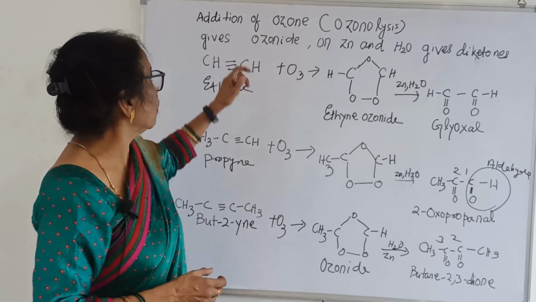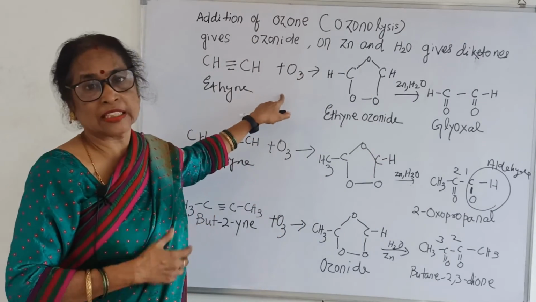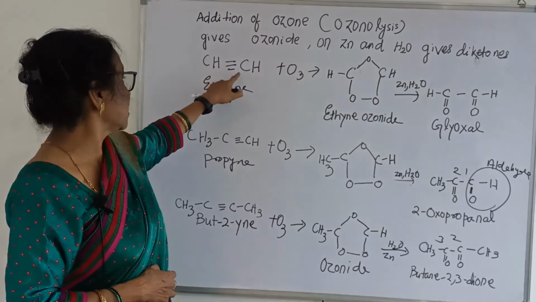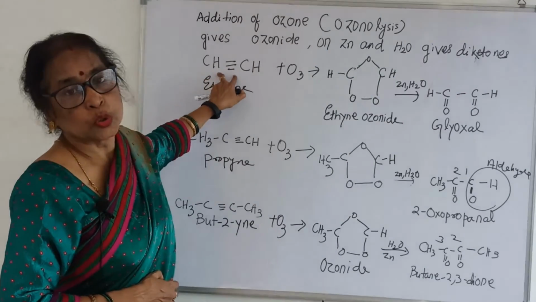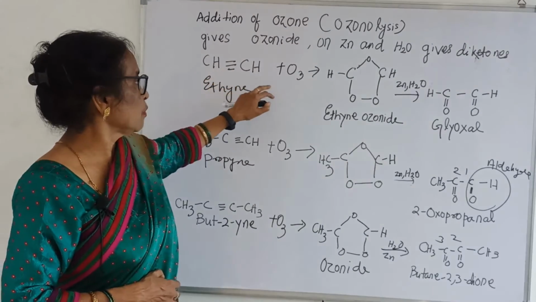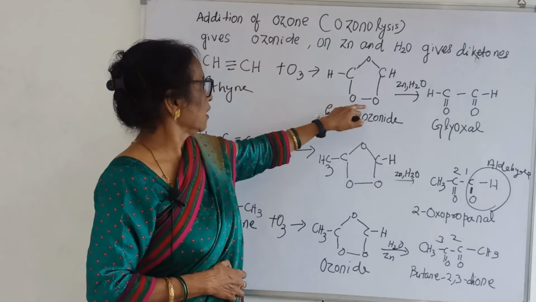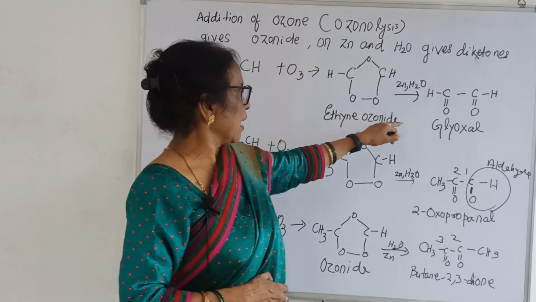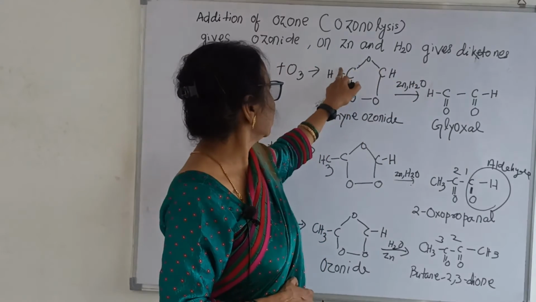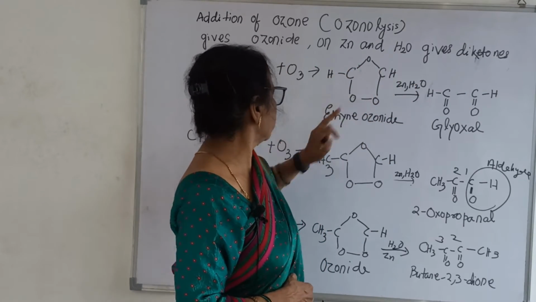Again, I want to say ozonolysis is very easy for alkynes especially. Now, CH triple bond CH, two carbons. You copy it like this, CH, and this is three oxygens, and now this gives glyoxal, because here only a double bond remains.